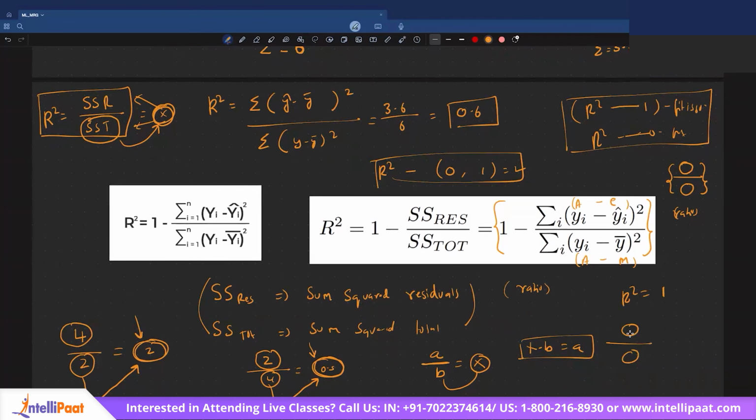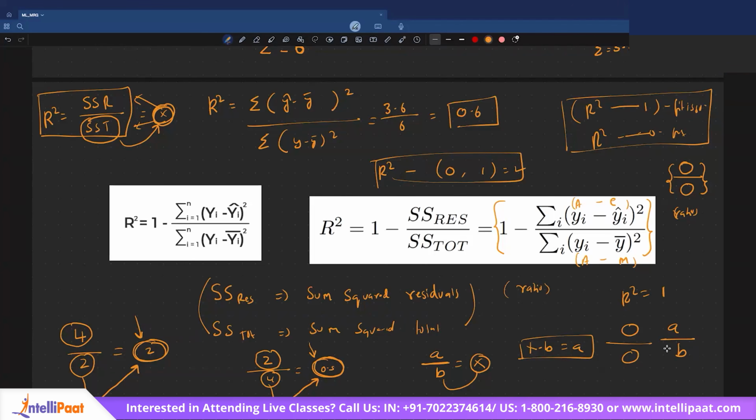Under what condition will the number be closer to 1? If the numbers are closer to each other, or if the numbers are far away from each other, meaning you have a value called A, you have a value called B. If A and B are closer to each other, will that become 1? Or if they are far away from each other, will that number be 1?